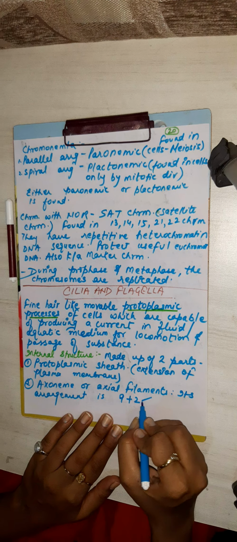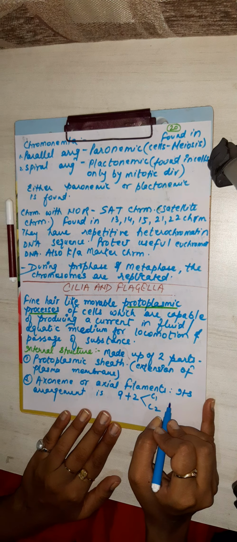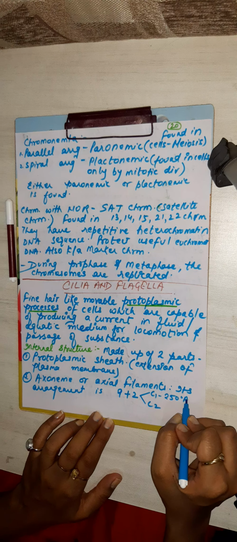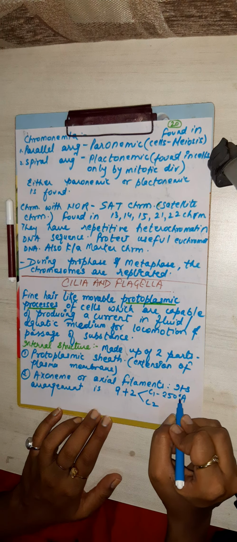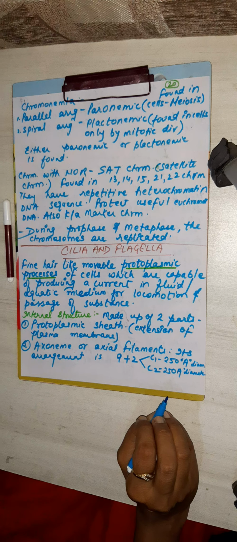ठीक है, the central ones are known as C1 and C2, and the diameter is 250 Angstrom. There are a total of 13 protofilaments.